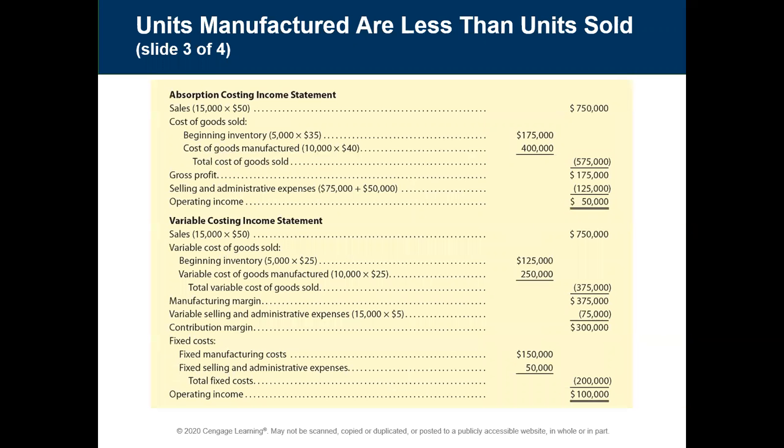Or if we produce less than what we sell, then our variable costing income statement is going to be higher than our absorption. So it sounds complicated, but if you think about it, there's really only 3 options here.